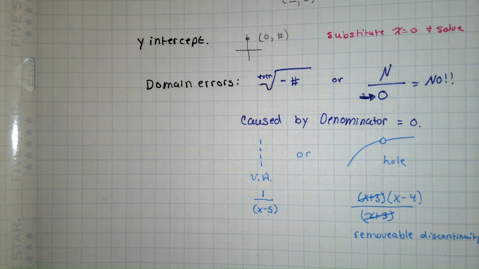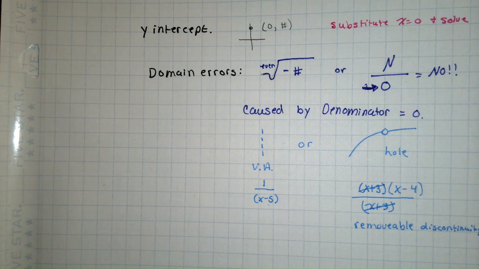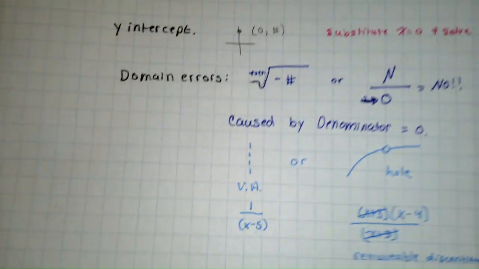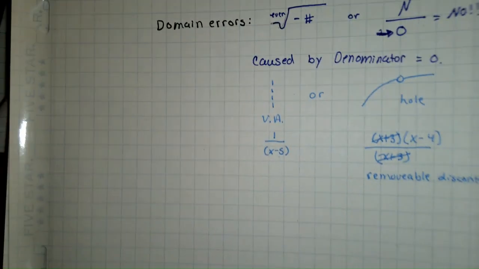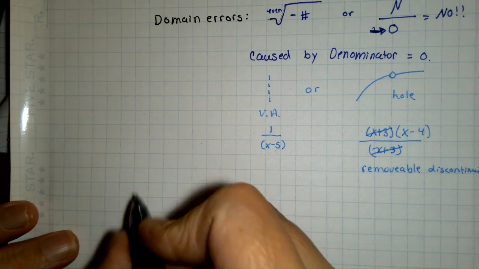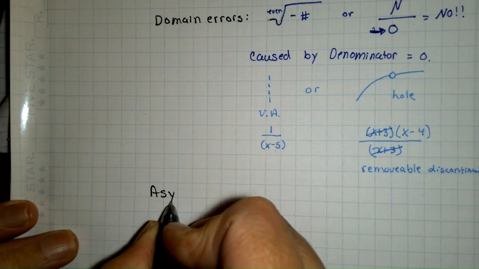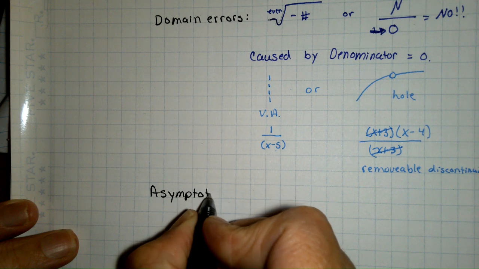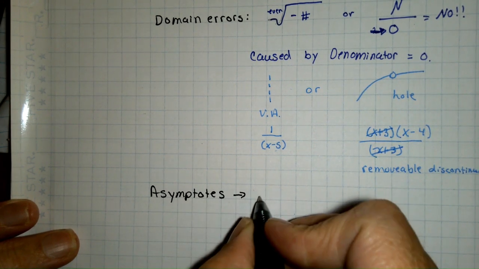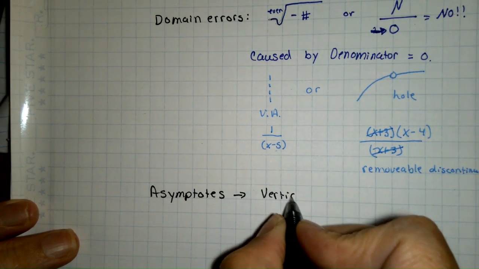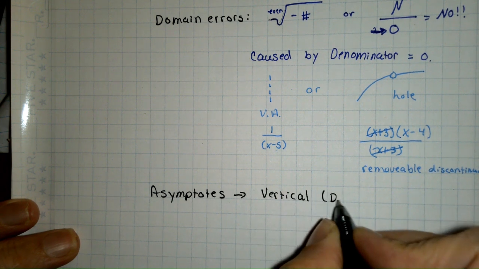Once you find the domain errors, then technically you have found the vertical asymptotes and holes. Those must be notated on your graph, so it's always important to find all asymptotes. Vertical. Again, those are your domain errors.